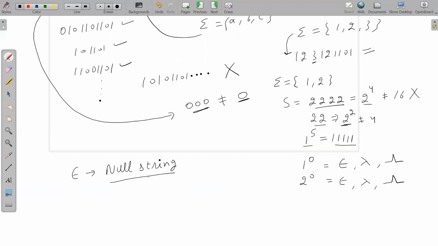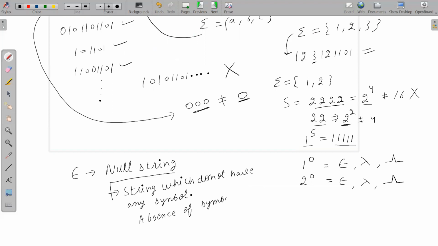Null string means a string which does not have any symbol. Null string means absence of symbol. Okay, null string means string which does not have any symbol, or you can say absence of symbol means null string, means epsilon string.